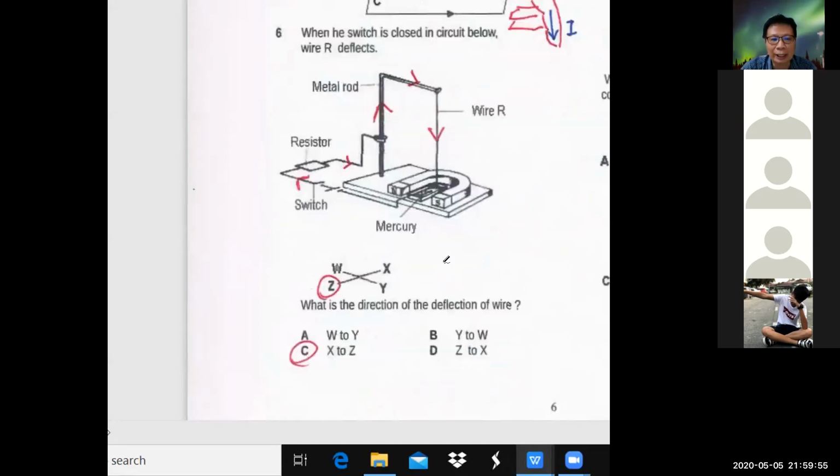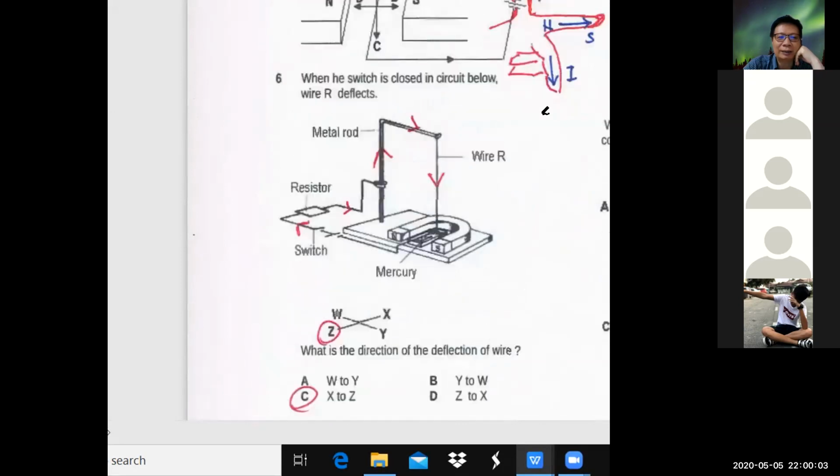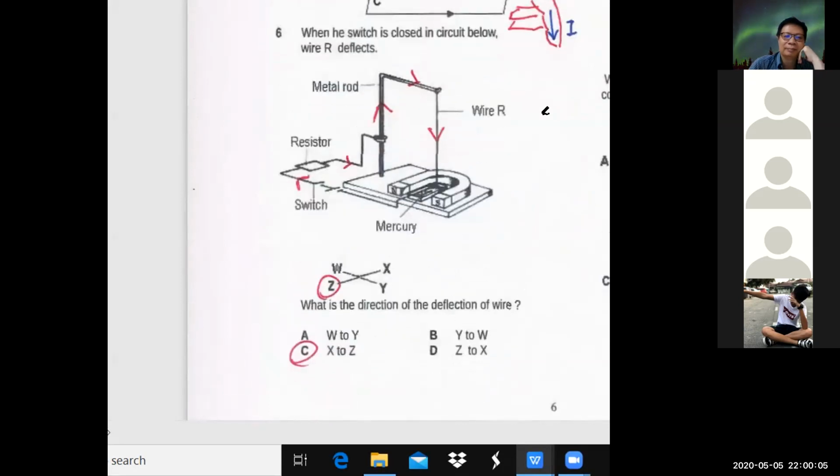Okay. Last question. This one you're going to understand. This one I don't show the diagram already. No diagram. Okay. Why the answer is C? Take your time to understand it. Must follow the current.